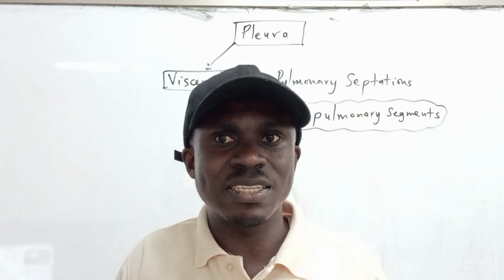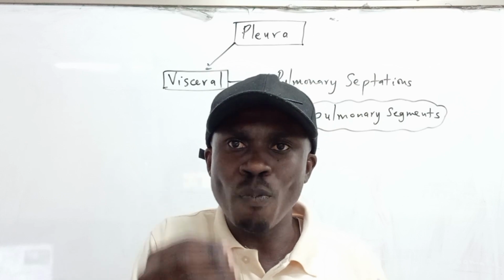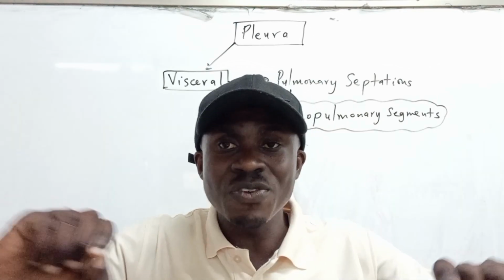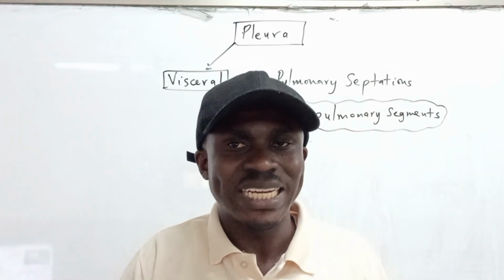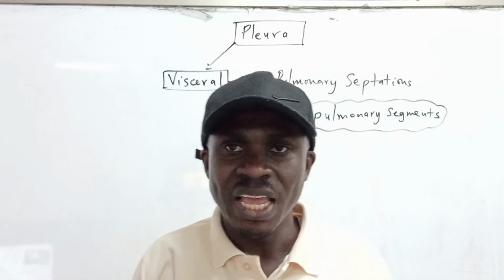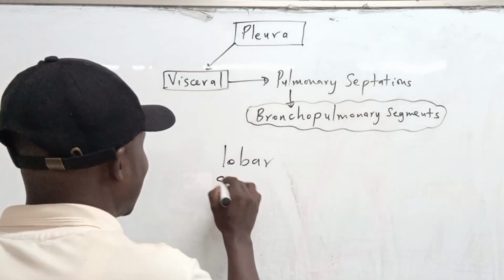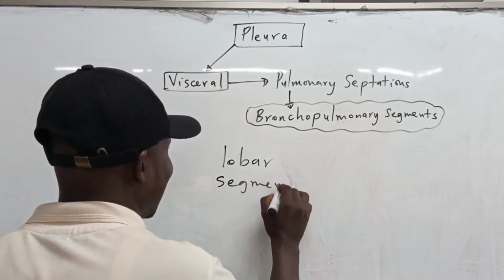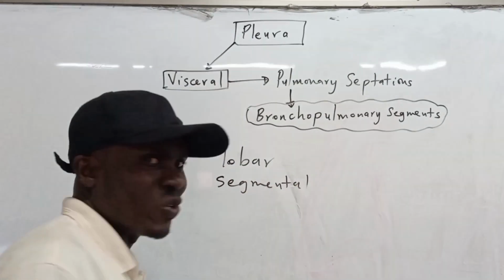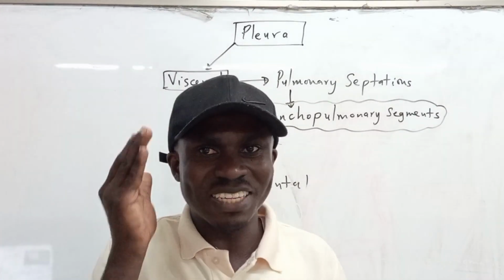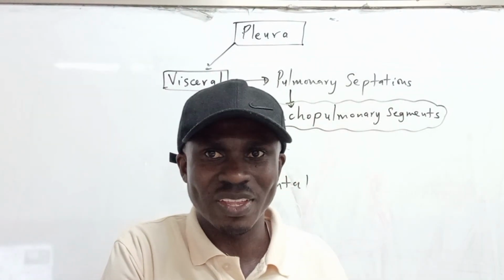Now, the secondary or lobar bronchi also divide, giving rise to what? Tertiary bronchi. Another name for tertiary bronchi is segmental bronchi.